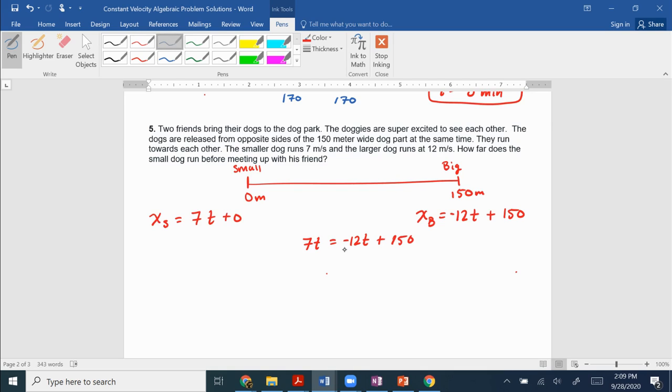Okay, add the 12t to the other side. So that's going to give us 19t.